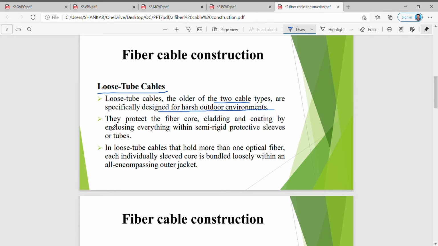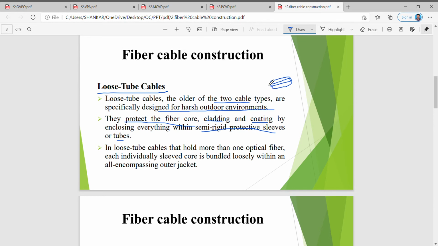These cables protect the fiber core, cladding and coating. Whatever coating is developed is protected by the loose tube cables using semi-rigid protective sleeves or tubes. Suppose you have a core here, and after this core there is a cladding.